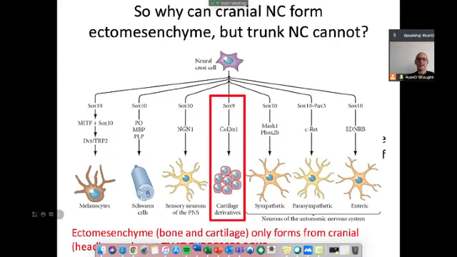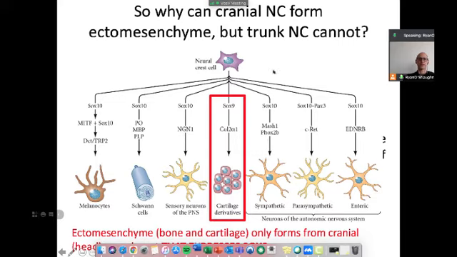So why can cranial neural crest cells form ectomesenchyme and trunk neural crest cells can't? This is to do with the specific expression of the protein SOX9.